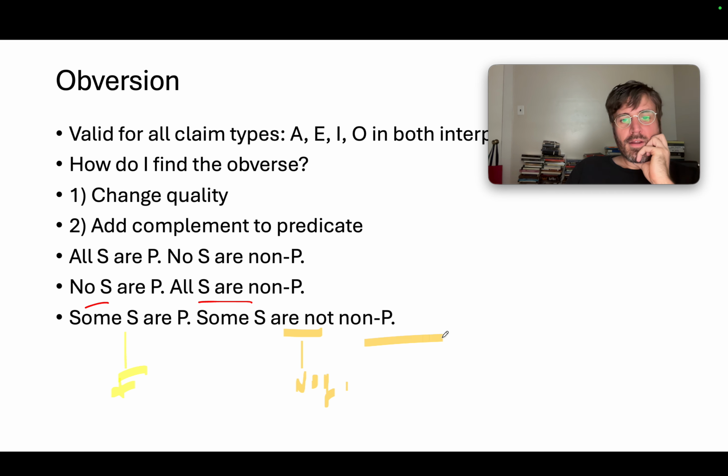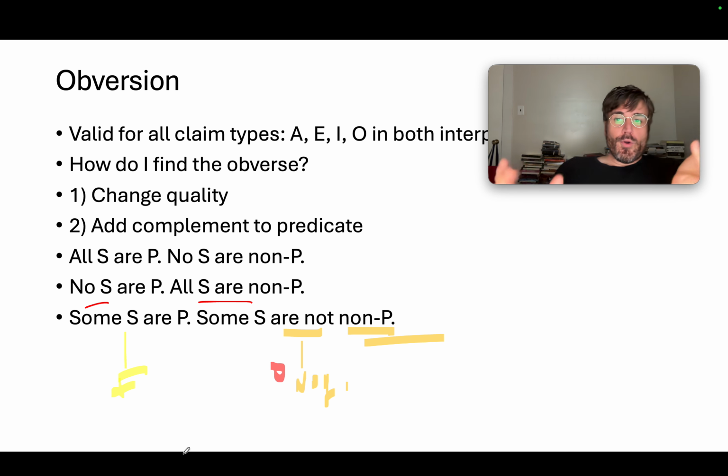And then we added our complement with non to P. So this becomes tricky. Students tend to not want to have both not and non. But we do need, for an I proposition, both the not and the non, because to change the quality, this has to become an O proposition, our particular negative.